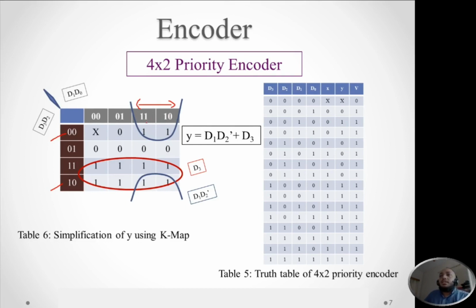We can see that d1 doesn't change, it remains 1 in the 2 states. So we will take d1 from here, but we can't take d0 because it changes from 1 to 0. So it has already changed once, we won't take d0.